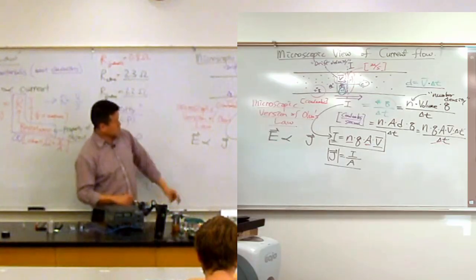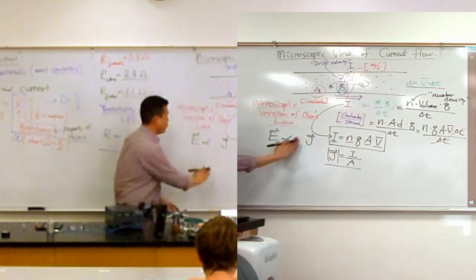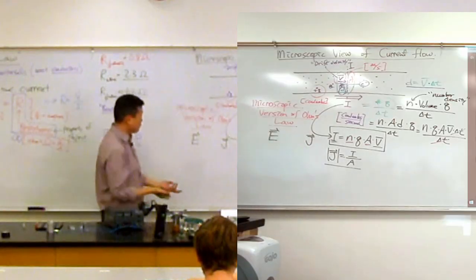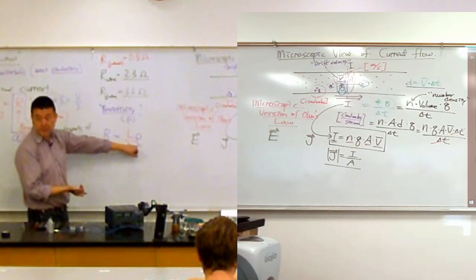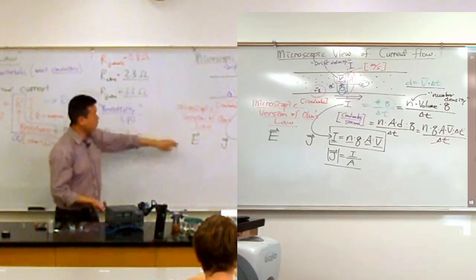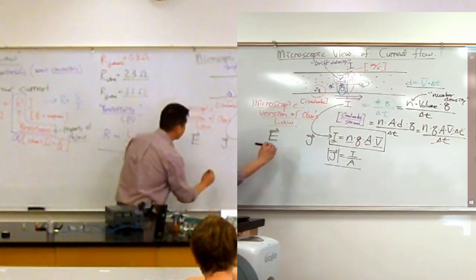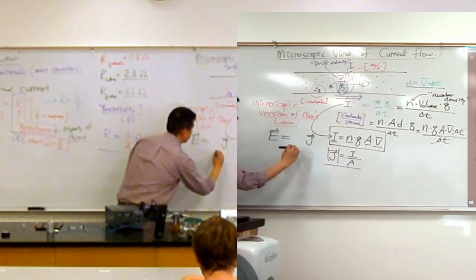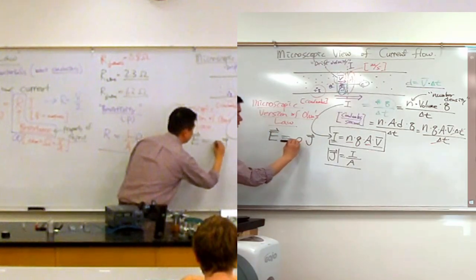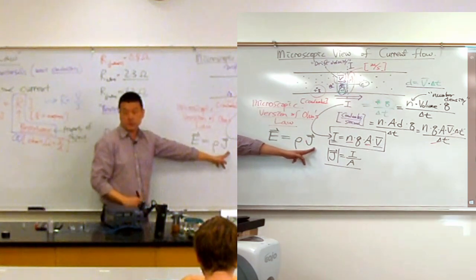It's proportional, and to make it equal, the way we did for Ohm's law, we introduce a quantity, one you have already seen: resistivity. So the microscopic version of Ohm's law says that electric field is equal to the resistivity of the material times the current density.